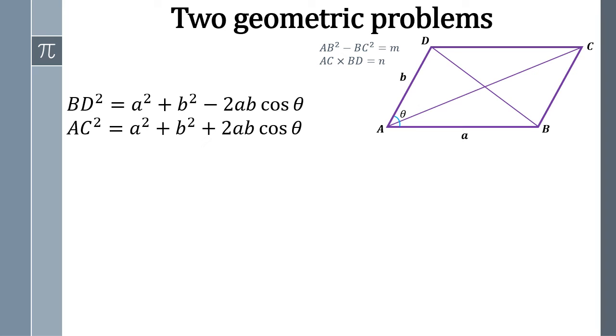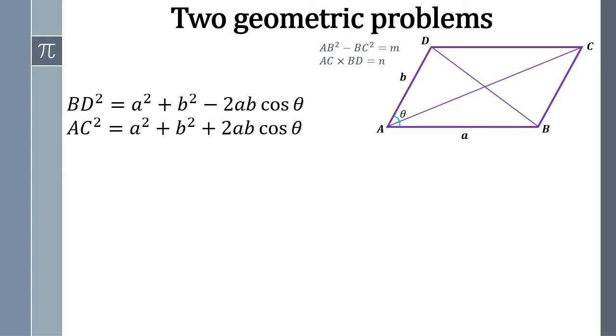Note that in the expression of AC squared, there is a plus sign in front of the cosine term. That's because angle ABC equals 180 degrees minus theta. The problem gave us the expression of AC times BD. I note that we have AC squared and BD squared here.